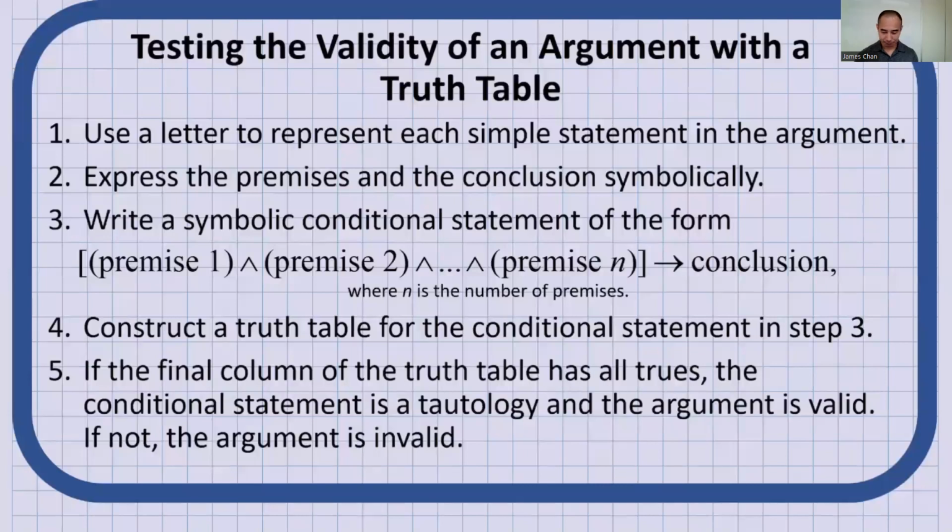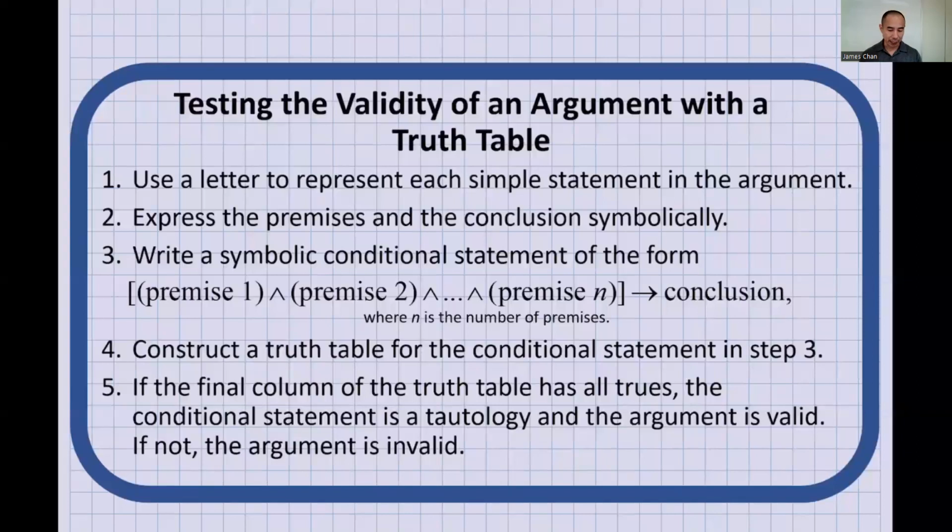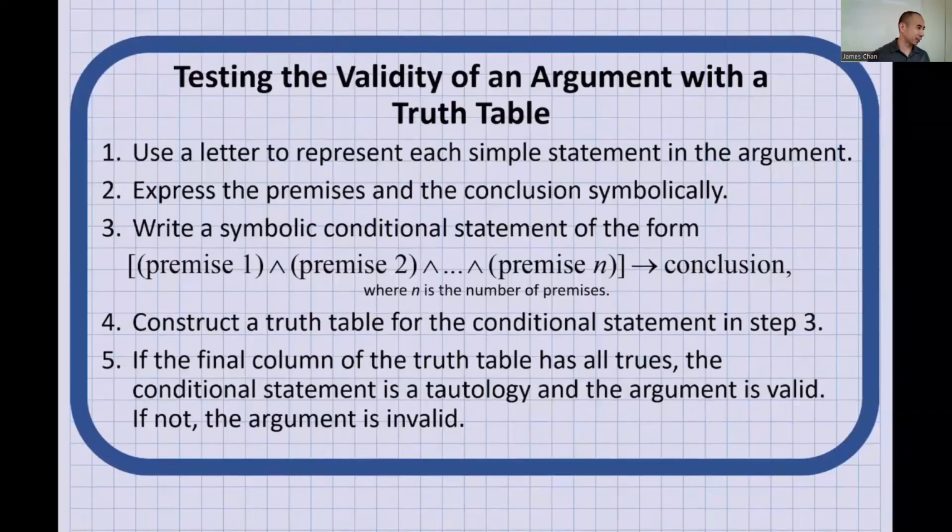Oops. The problems with this. All right, so testing validity of an argument. Ooh, this is where the work comes into play. Use a letter to represent each statement. Express the premise and a conclusion symbolically, which is what we did before.